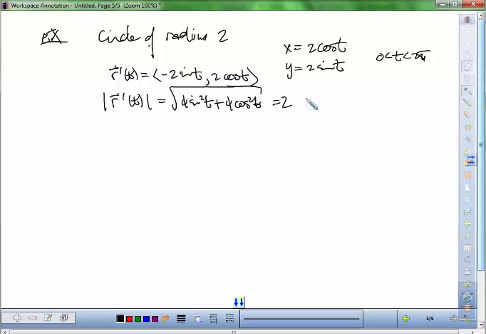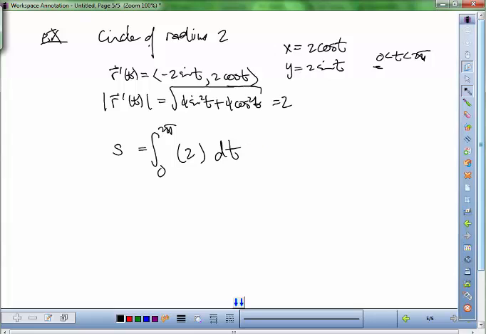So we're interested in finding the arc length. Don't write this down yet if you're taking notes, because I'm going to change things around in this equation. We're starting at 0, going to 2 pi, and then we have 2 dt, right? So here's where I'm going to change it.